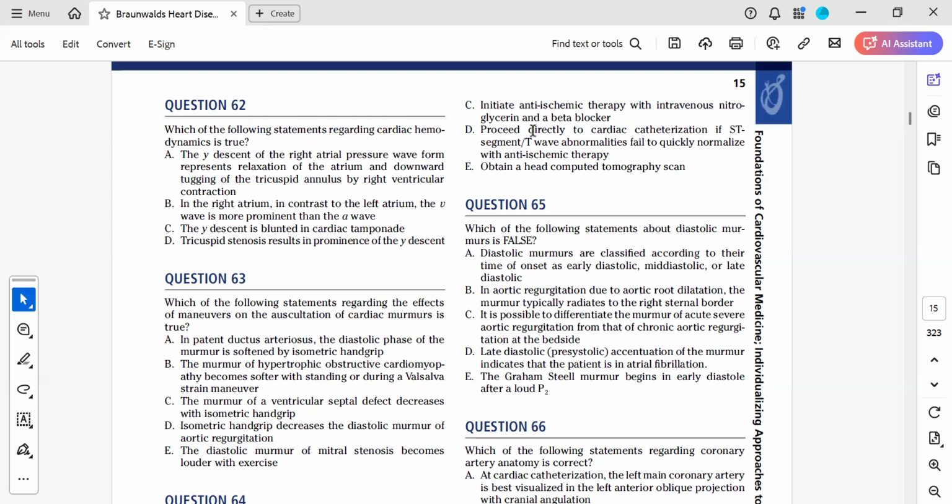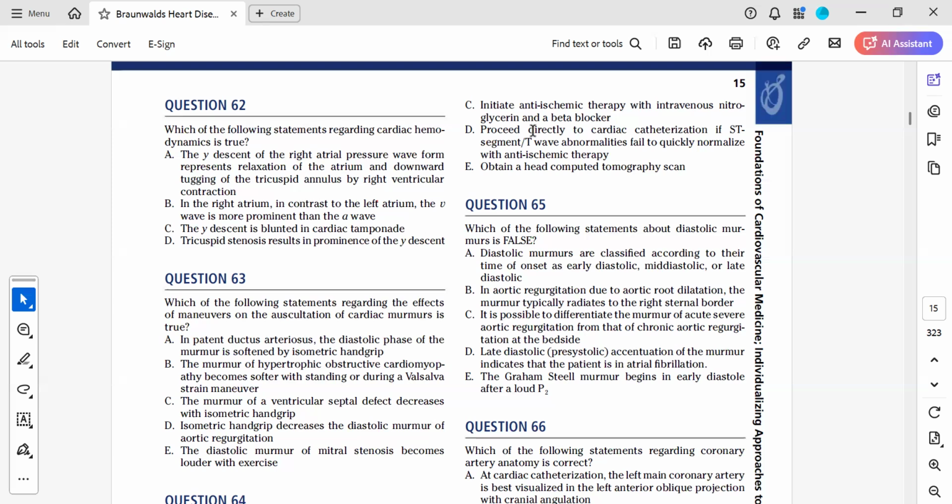Option D says late diastolic, that's pre-systolic, accentuation of the murmur indicates that the patient is in atrial fibrillation. This is talking about the murmur of mitral stenosis. Pre-systolic accentuation needs atrial contraction to produce it.